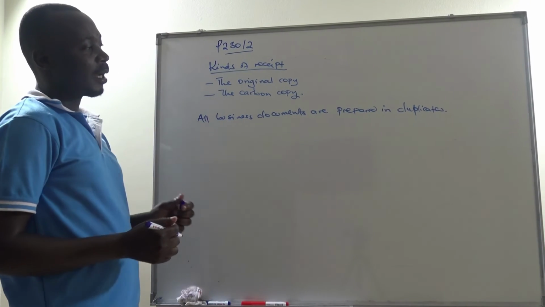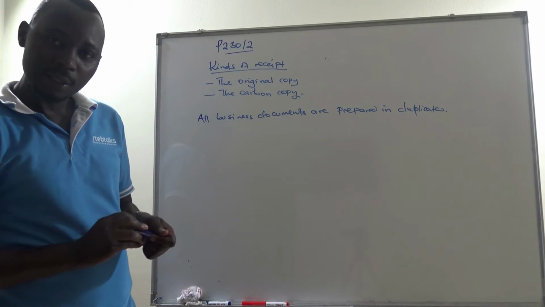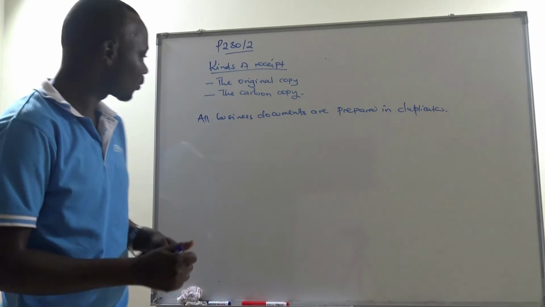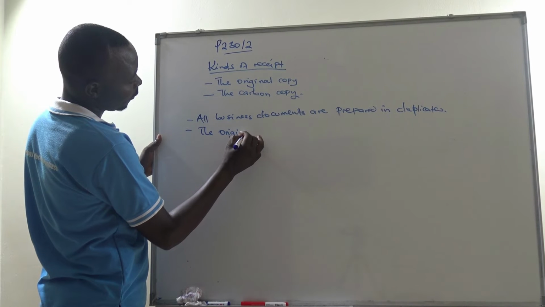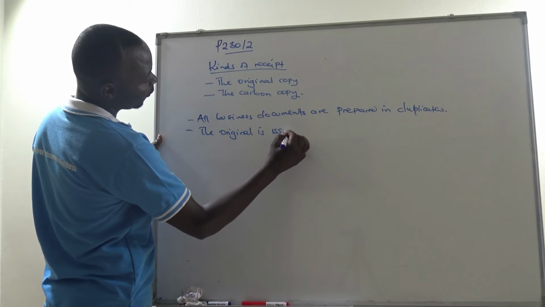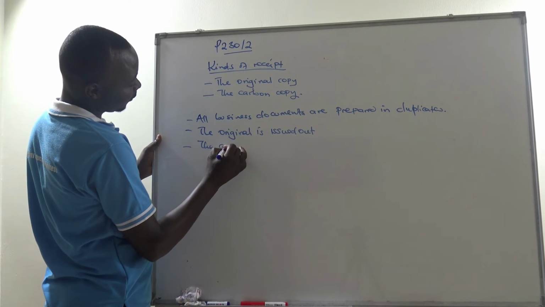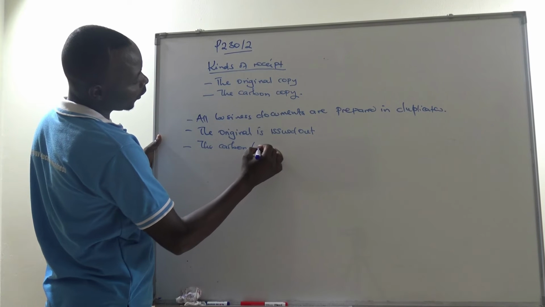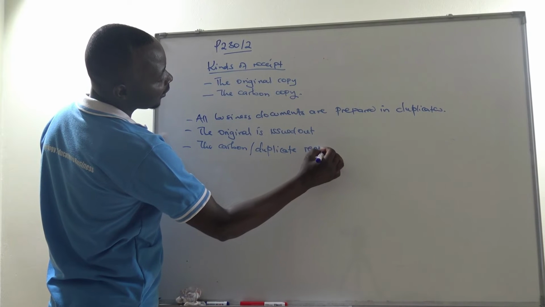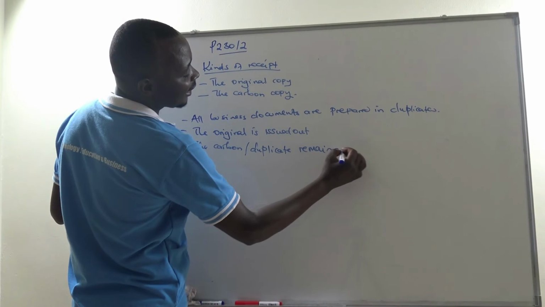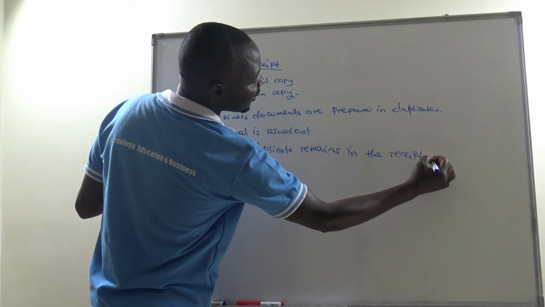Others even are prepared in triplicates. Why? That the original is issued out, and the carbon copy or the duplicate remains in the document book. For this case, it is the receipt book.